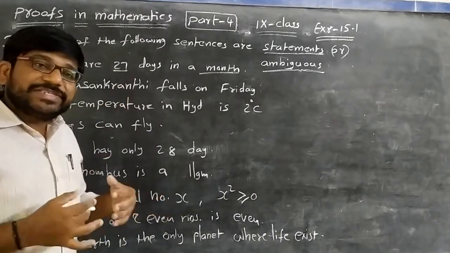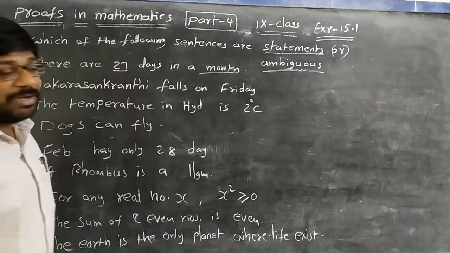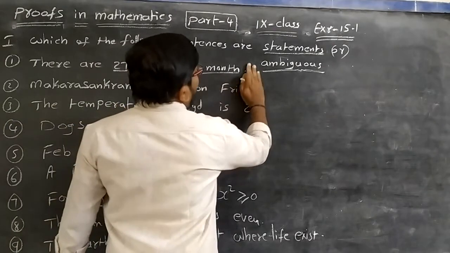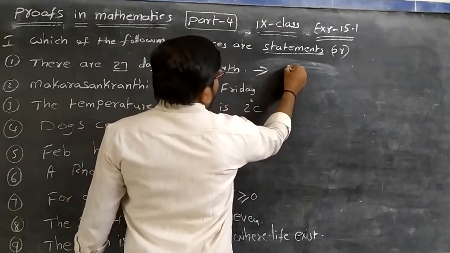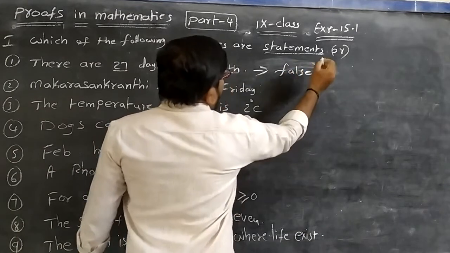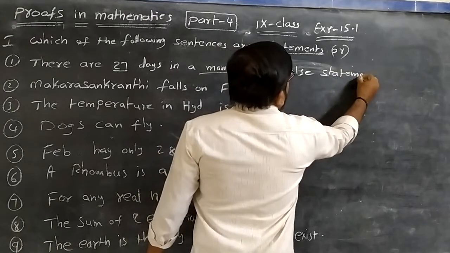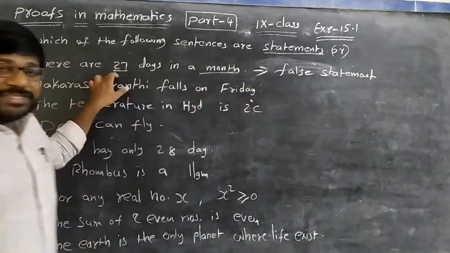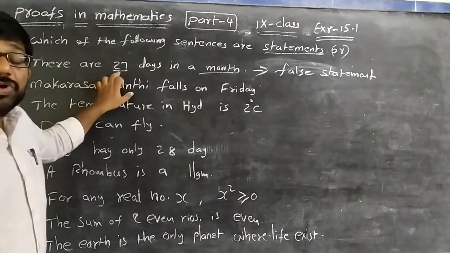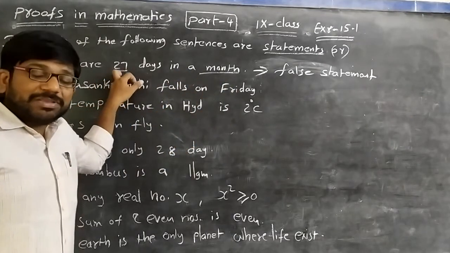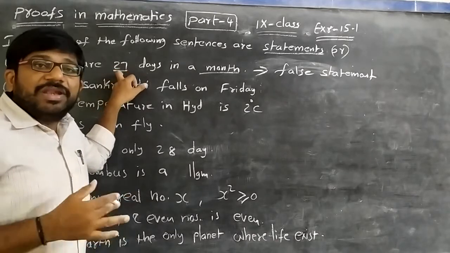So it is a statement, and the type of statement is a false statement. The answer is false statement, because there are no 27 days in a month in a general year or leap year.